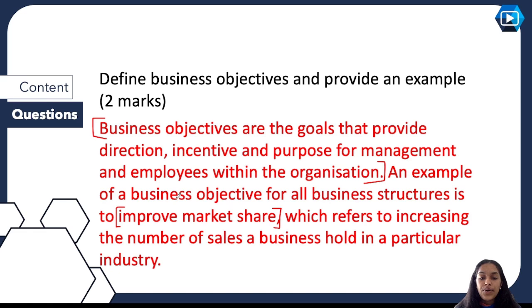Okay, so to improve market share, that refers to increasing the number of sales a business holds in a particular industry. So they've also gone and elaborated on what the specific business objective is, which you should have done. Depending on the example that you provided, it's good to give a bit of a description of what that business objective is and what that entails for the business.